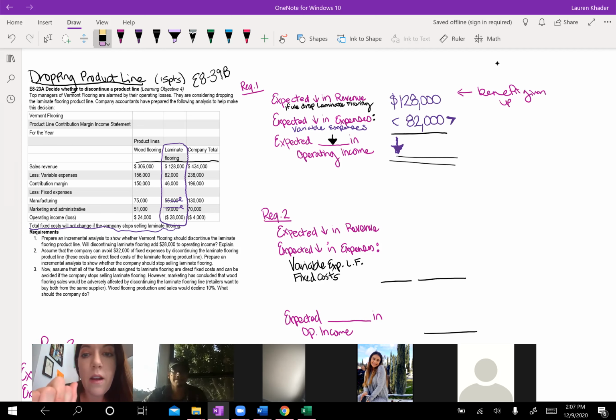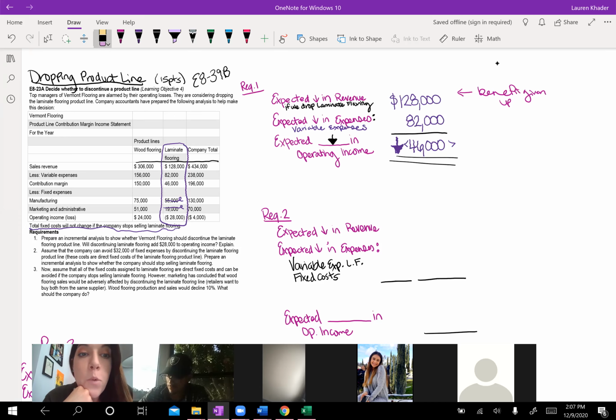$46,000. Yeah, I'm just going to do one thing right here. It doesn't show it as negative in your problem, so I don't want you to put it as negative. So it'll decrease their operating income by 46,000. And they do show this as a negative number because you're giving up the 128,000 benefit. So essentially this should be negative, but they're not showing it as negative compared to the cost savings of 82,000.